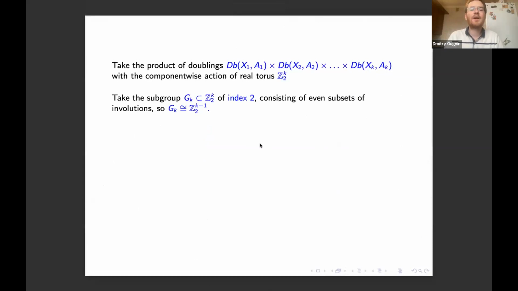And you have the subgroup GK in Z2 to the power k of index 2 consisting of even subsets of involutions. So it is isomorphic to Z2 to the power k minus 1.